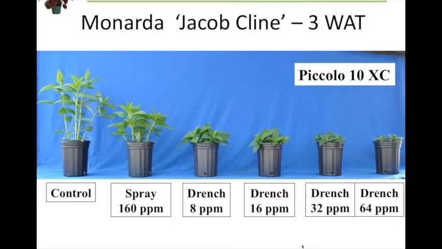Here's some of Joyce's work looking at sprays, the untreated control at the left, a spray of 160 parts per million of Piccolo, and then drench rates increasing. It's a little extreme on some of the rates, especially on the far right side. This is only 3 weeks after treatment, but you can see the effects.